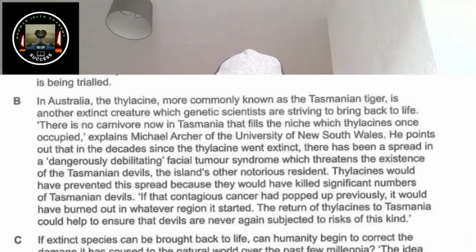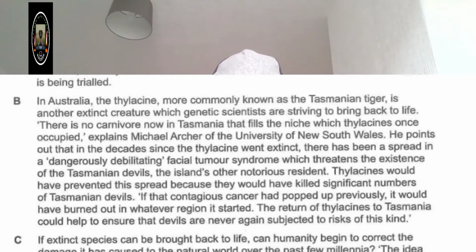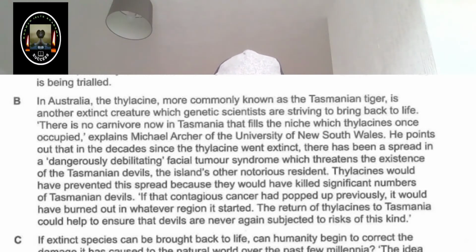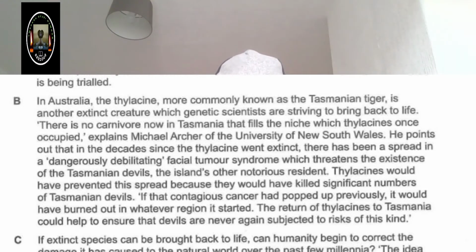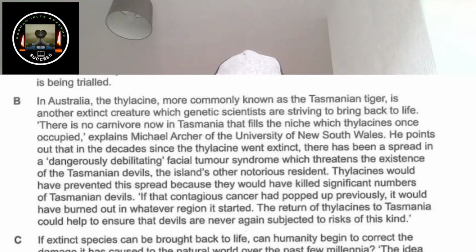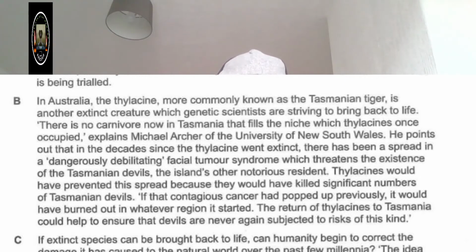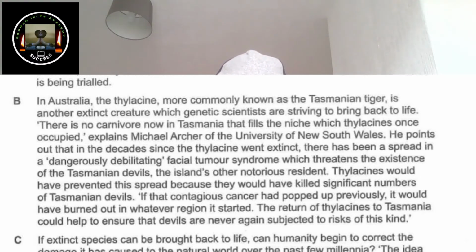There is no carnivore now in Tasmania that fills the niche. So there's no carnivore in Tasmania that fills the niche which thylacines once occupied, explained Michael Acker. This is the person working on it, of the University of New South Wales.